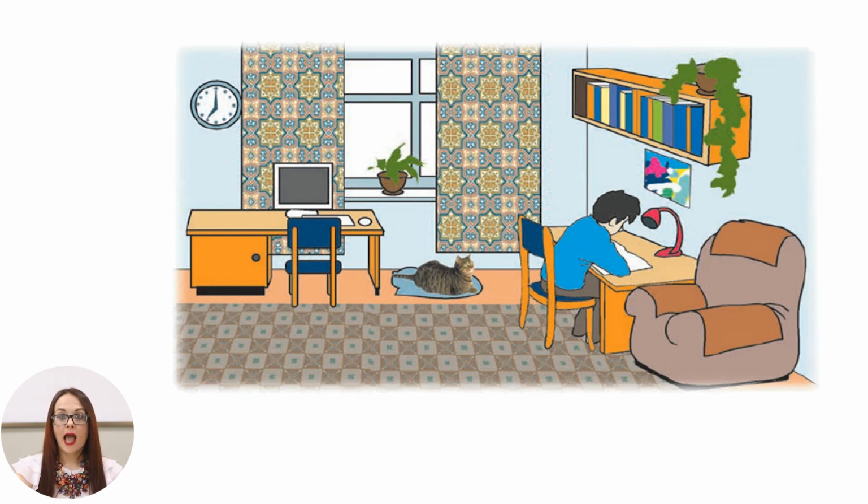There is a clock on the wall. The computer is on a yellow desk next to the window. There is a flower on the windowsill, pervaz. There is a flower on the windowsill.